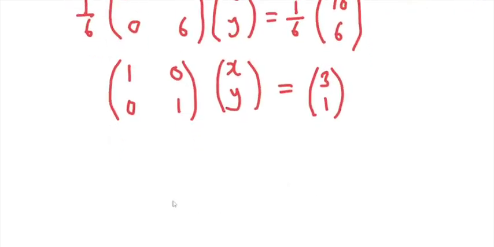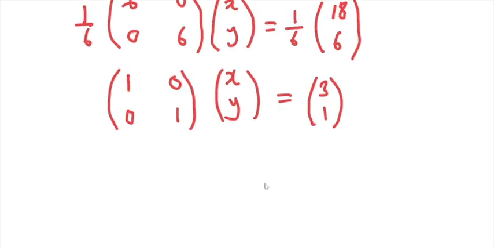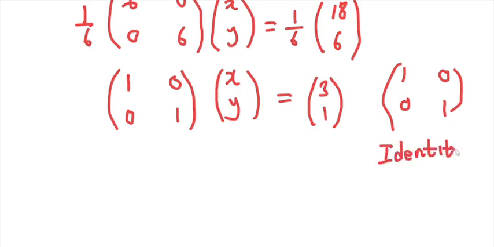Now, you can see you have 1, 0, 0, 1. This type of matrix that you have gotten is an identity matrix. An identity matrix has some properties.